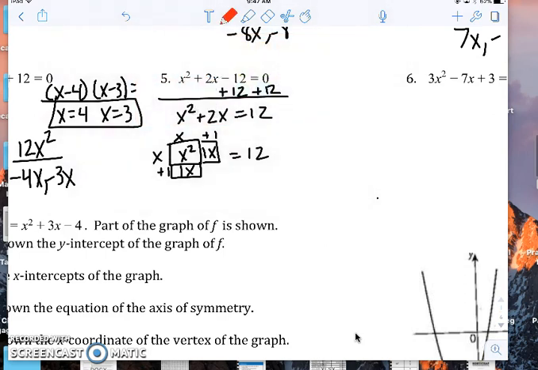But to complete it, 1 times 1, we have to add 1 to each side. So this factors into x plus 1 squared equals 13.